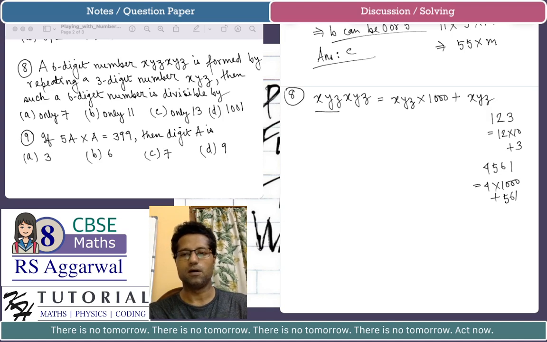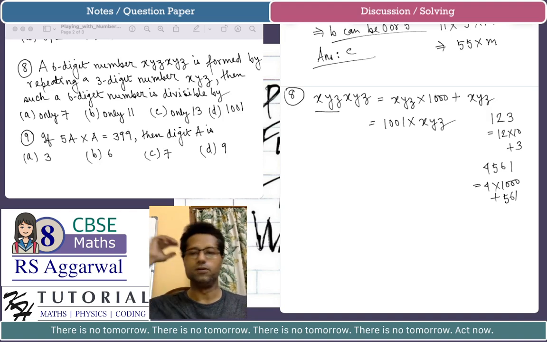So this whole 6-digit number can be expressed as xyz multiplied by 10 to the power 3, which is 1000, plus the remaining digits, which to the right hand side of the first leftmost 3 digits is also xyz. So this is plus xyz. Now if we simplify this, we get 1001 multiplied by xyz.